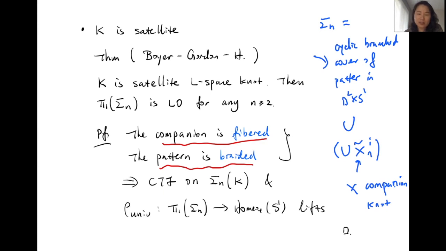Okay, so this is not just a hold for an L space knot. Conjecturally, this should hold for any prime satellite knot. So this is a conjecture by Gordon and Lidman.